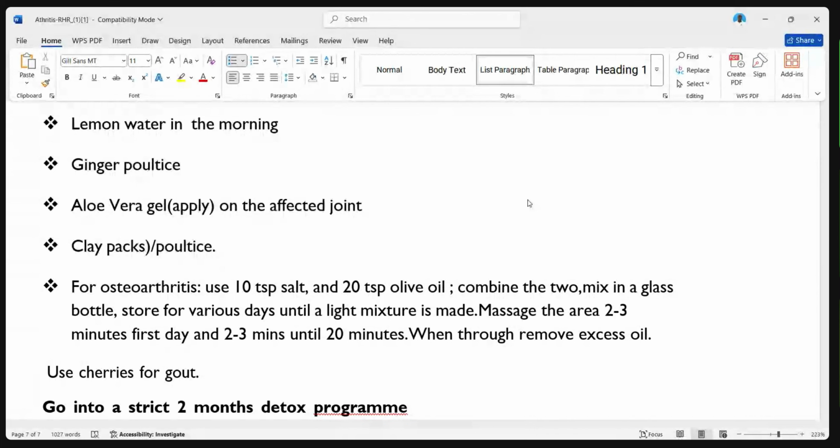Lakini we now want to touch on a specific type of arthritis, and we are starting from osteoarthritis. For this, actually, I want to do away with this. I want us to have cayenne, and you add a little bit of salt.